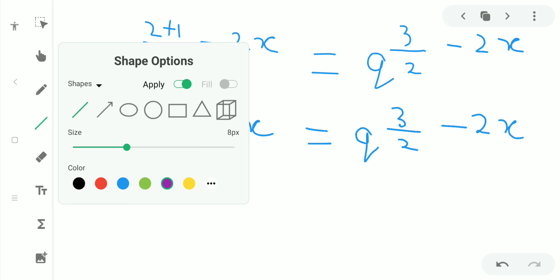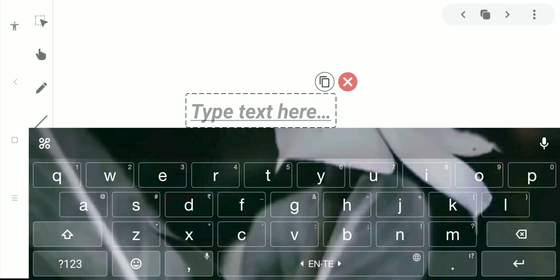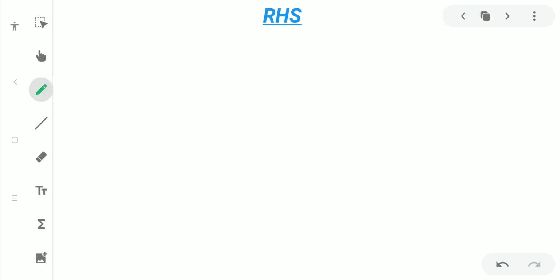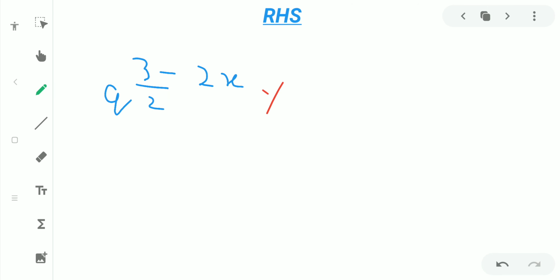Now just consider only the RHS part. Now q power 3 by 2 minus 2x, I can also write it as multiplied with 1. I will represent it like this in red color, multiplied with 1.